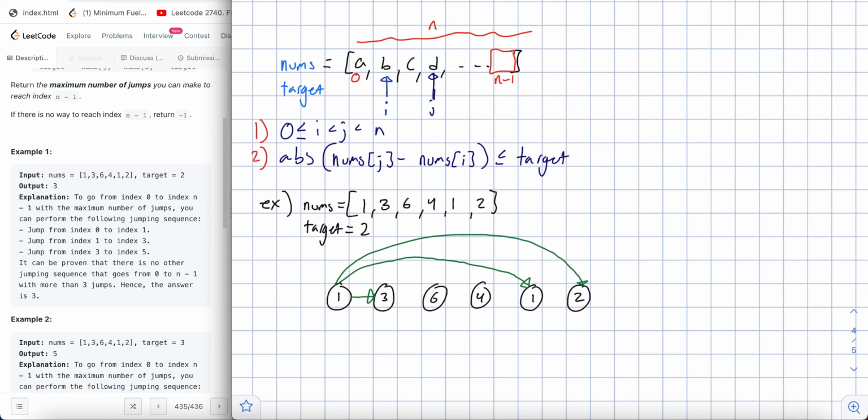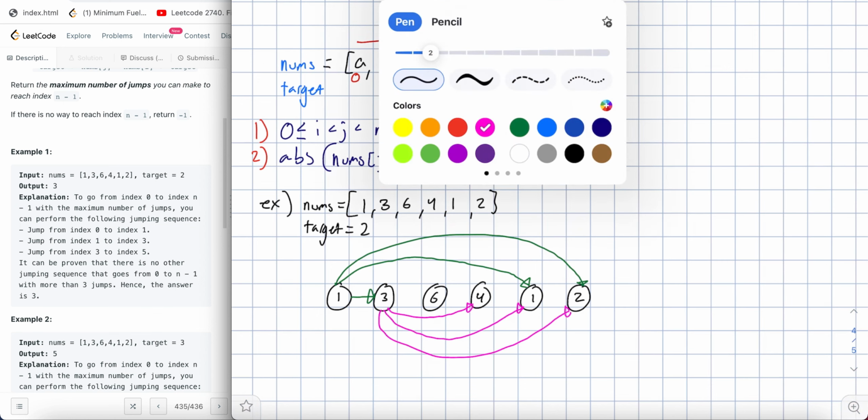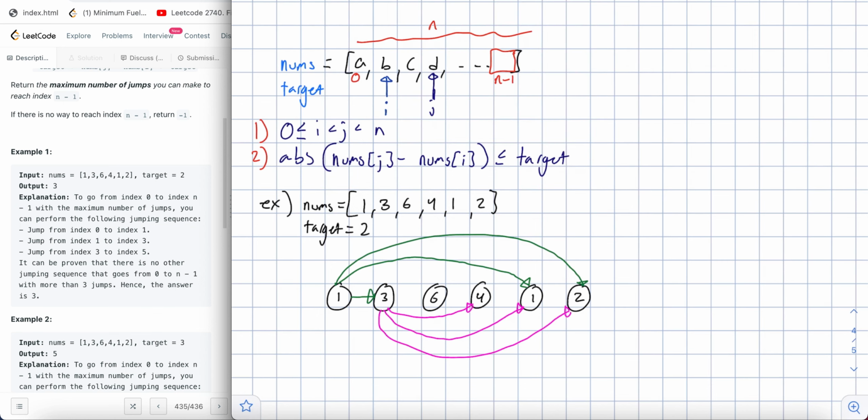And now we can play the same game for 3, right? So 3 can travel to 4. I'm just going to go through quickly now because I think you get the idea. 3 can travel to 1. And 3 can travel to 2. 6 can travel to 4. And that's it. 4 can travel to 2.